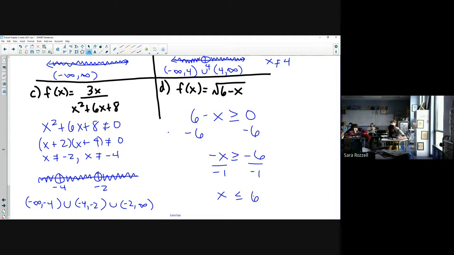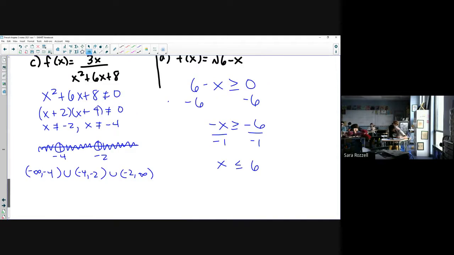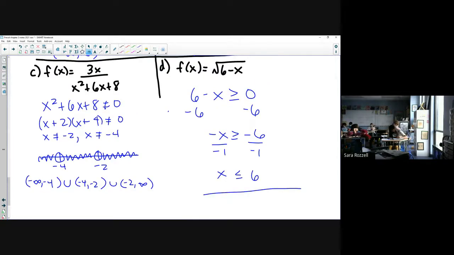X is less than or equal to 6. Are y'all okay doing the graph and the interval notation for that one, or do you want to put it down there? What kind of circle on 6? Closed, and shade to the left, from negative infinity.